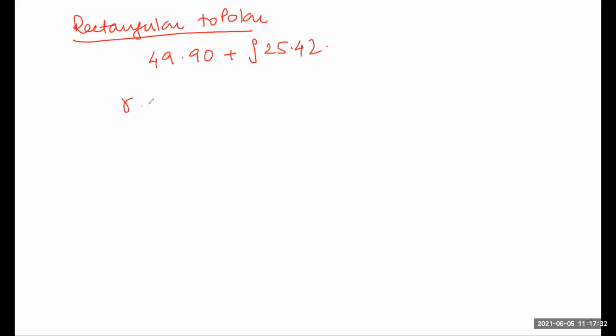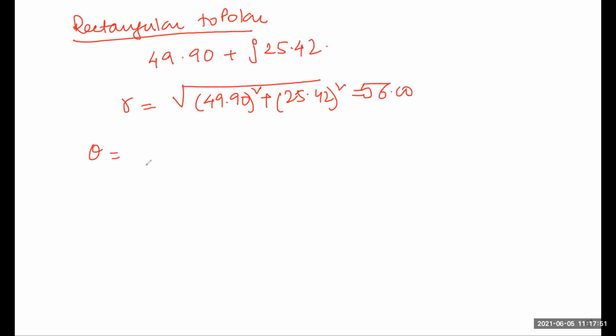First of all, you have to find out R. How will you find R? 49.90 whole square, A square plus B square, 25.42 whole square. Do the calculation, tell me the answer. Yes, 56.00 it will come. Tell me the theta.